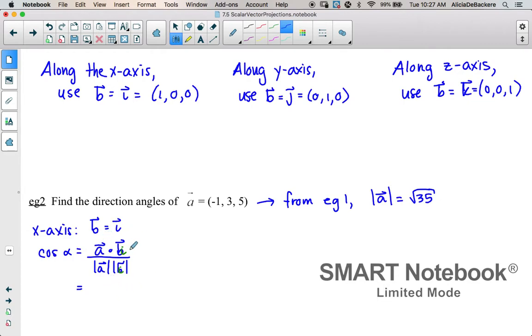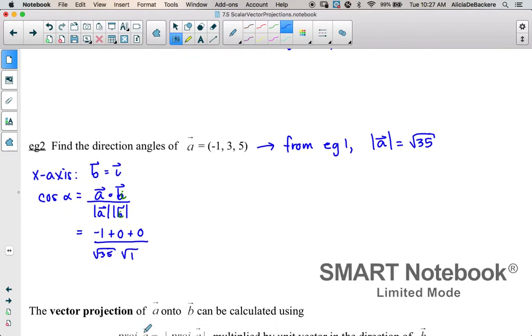So the first thing I'm going to do is the dot product here. So -1 times 1 plus 3 times 0 plus 5 times 0 over the magnitude of vector A, which we said was root 35, times the magnitude of vector B, which is vector i, and we know that the magnitude of the unit vector is 1, or root 1, same thing.